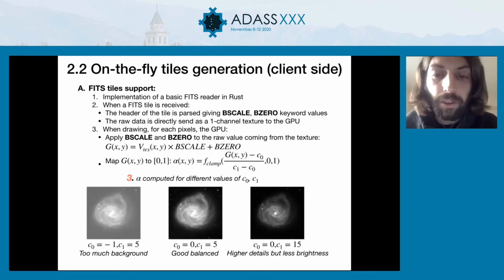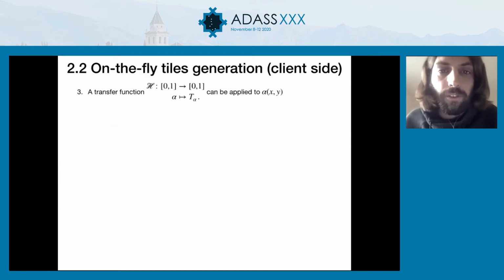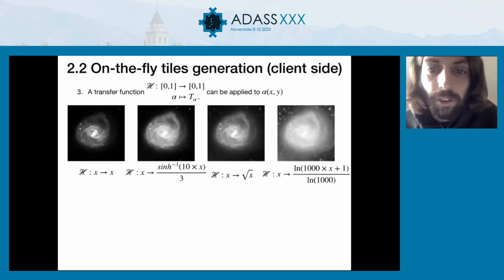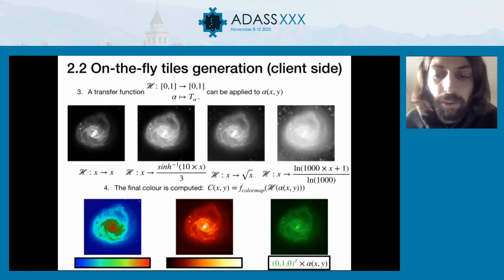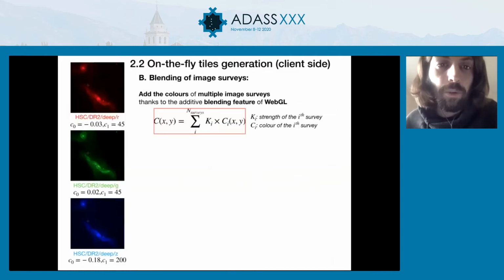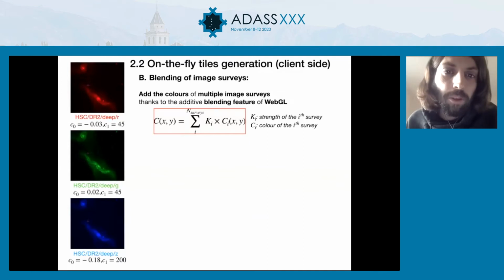The user can change them to modify the brightness or the details of the image. After that, we can apply a transfer function like square root or logarithm and apply a color map. And thanks to WebGL, it's possible to do additive blending to combine multiple ellipses.